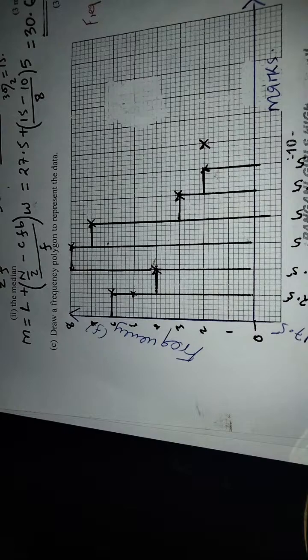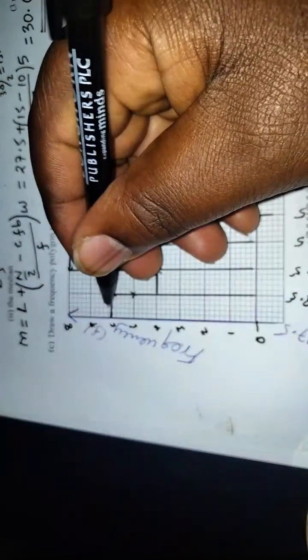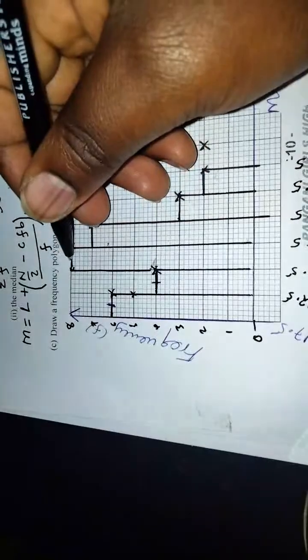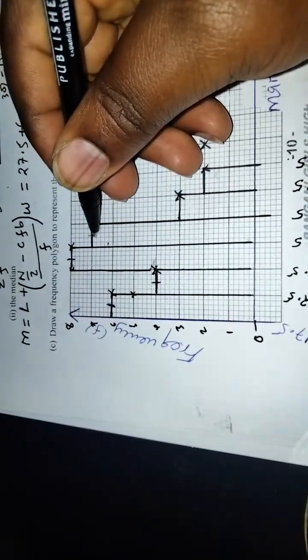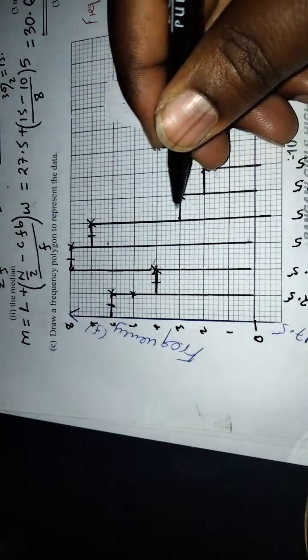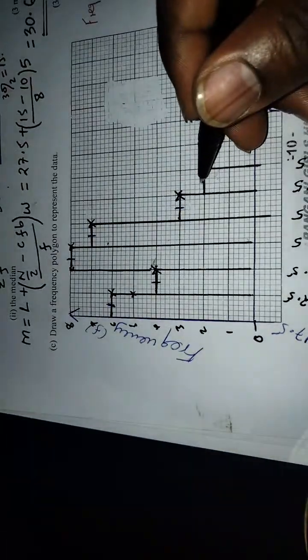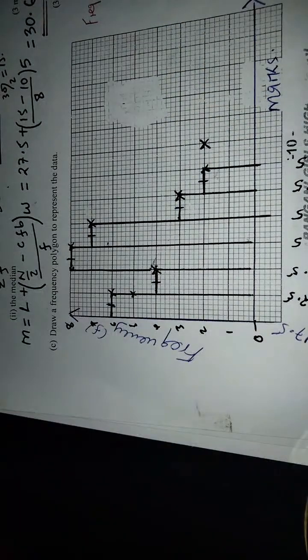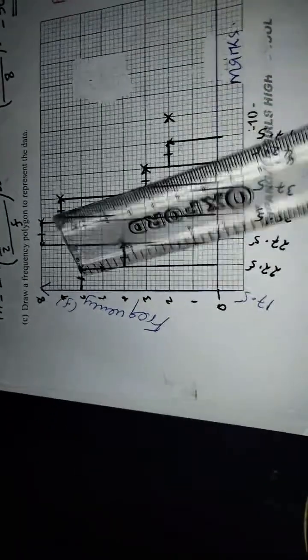After identifying the histogram, when we join the midpoints, from this midpoint to this midpoint, then to the next midpoint without skipping, successively to the next bar, we're going to have what we call a frequency polygon. So the first midpoint should be dropped to the origin.